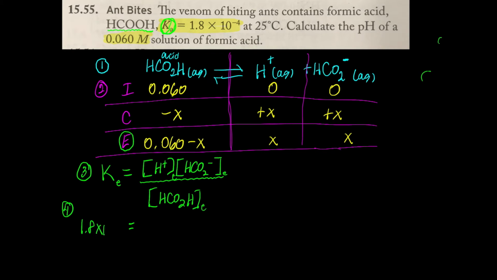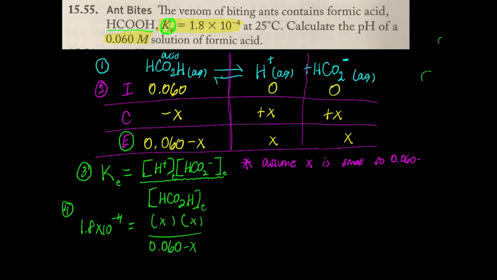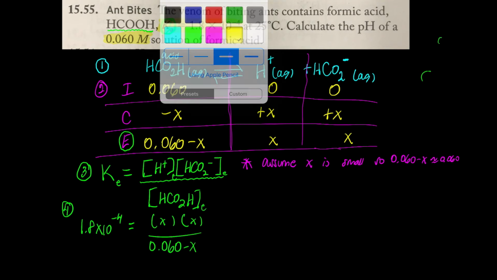So step 4 is to plug and chug and solve, right? 1.8 times 10 to the minus 4 is going to be equal to x times x over 0.060 minus x. And we do a really nice simplification. We assume that x is small. For weak acids, the percent ionization is extremely small, so we pretend x is small, so we can assume the 0.060 minus the itty-bitty tiny number is about the same, 0.060, and this simplifies the math dramatically.